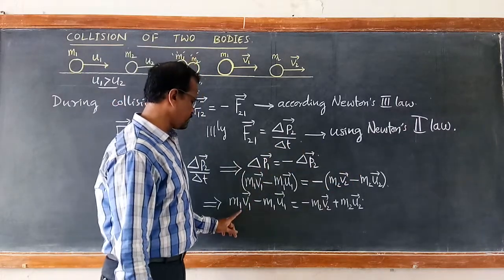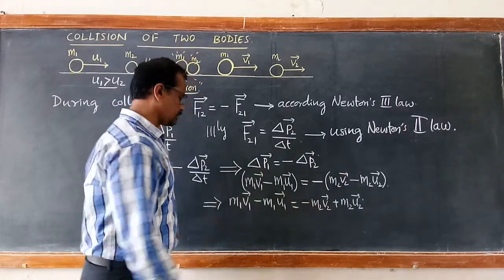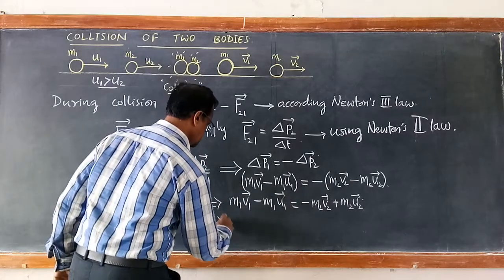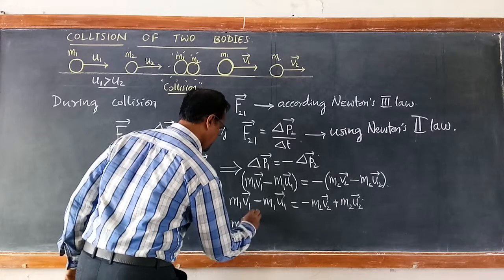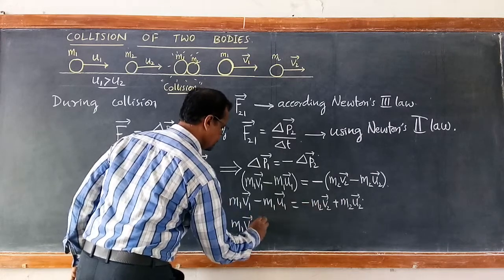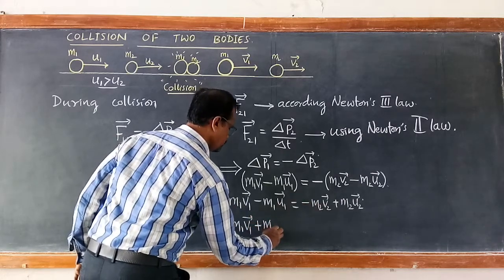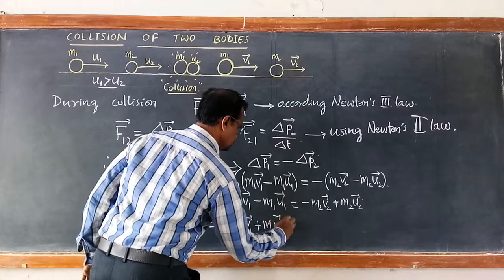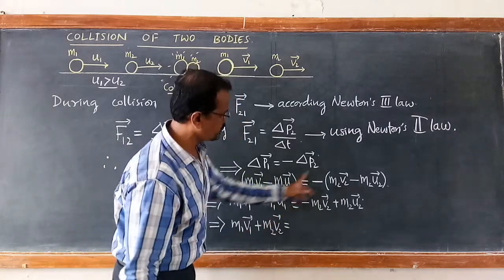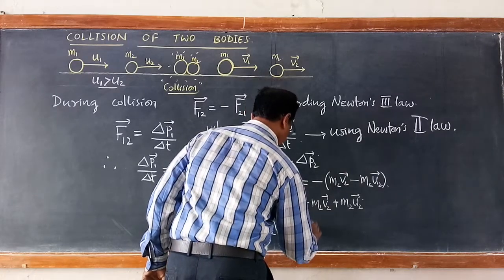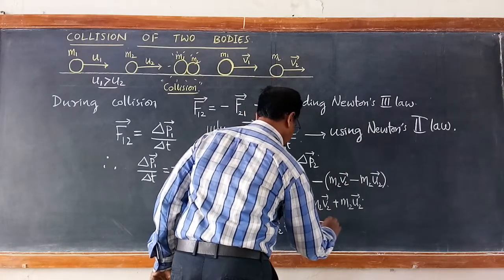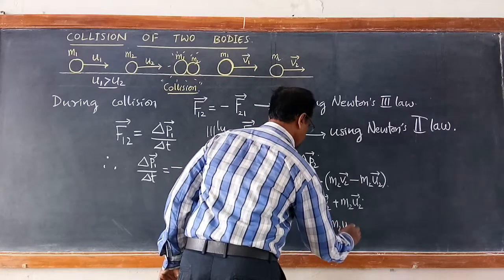So take m1 v1 and m2 v2 on one side. So it becomes m1 v1 plus m2 v2 is equal to, take minus m1 u1 this side, m1 u1 vector plus m2 u2.